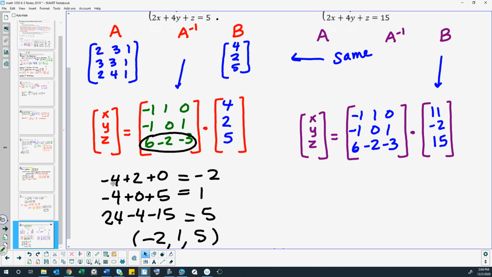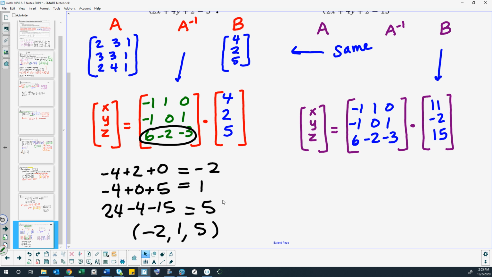We add this together, so negative 4 plus 2 plus 0, negative 4 plus 0 plus 5, 24 minus 4 minus 15. We get these three answers for x, y, and z, and so our ordered triple for this 3 by 3 is negative 2, 1, 5 for x, y, and z.